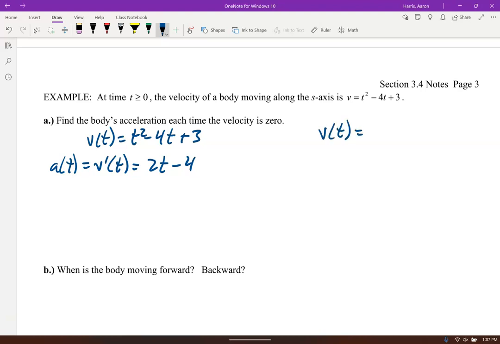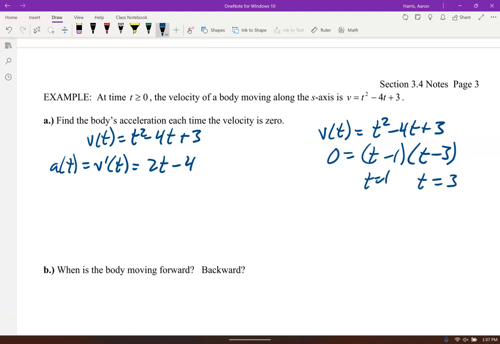Let me go to the side and find when the velocity is 0. When does this thing come to rest? Well, it looks like at 1 and 3, it comes to rest, right? And then what is the body's acceleration at the time that the velocity is 0?